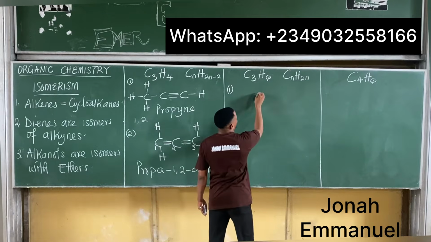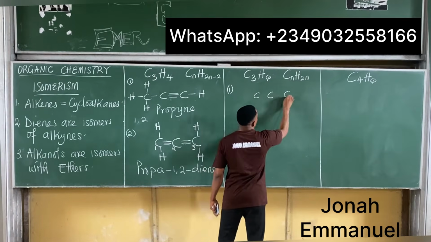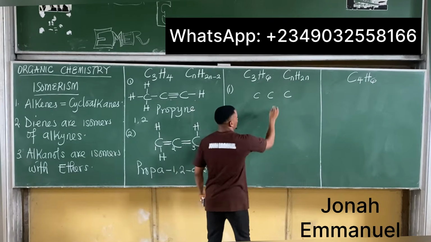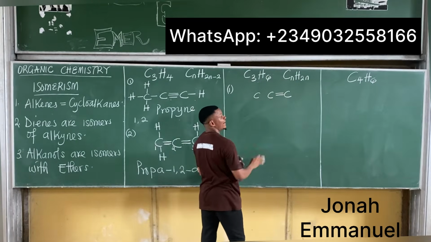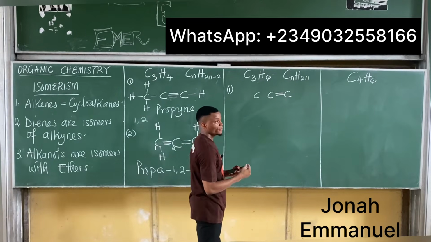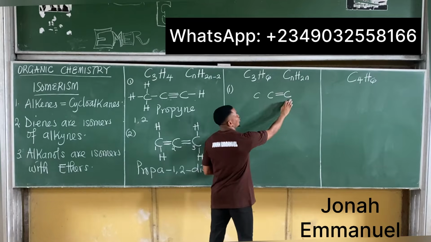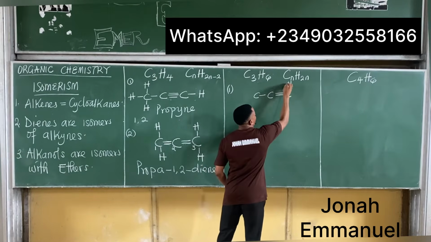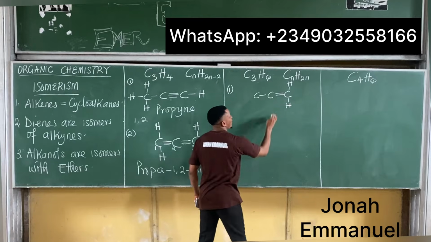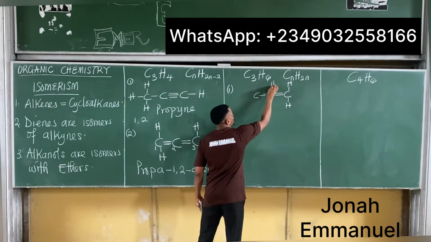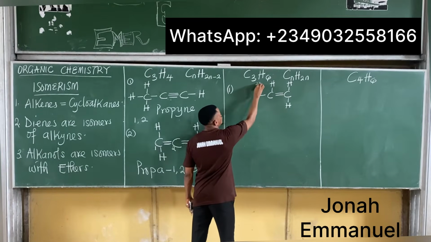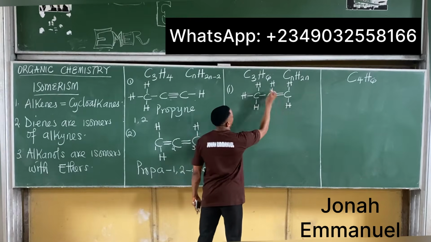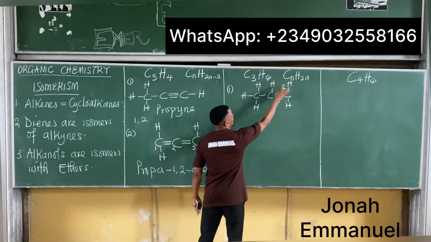So first things first, number 1, let me form an alkene. For this one, C3, I'm having 1, 2, 3. To make this an alkene, put what there? Double bond. So I'm having 1, 2. This qualifies this as an alkene. Balance of the structure. So this one is now 1, 2, 3, 4, 5, 6.